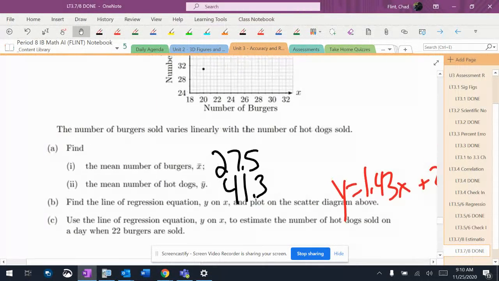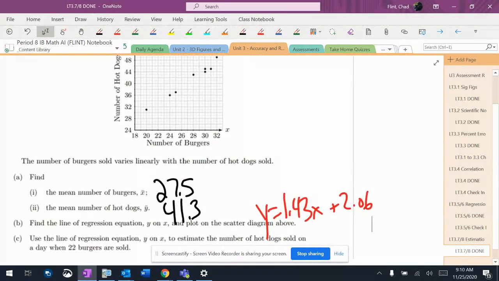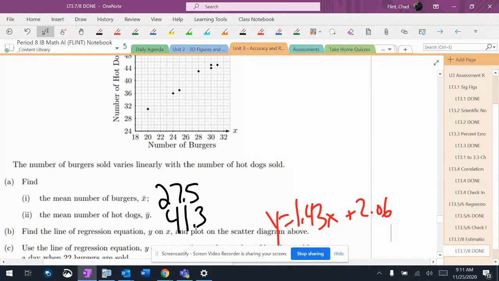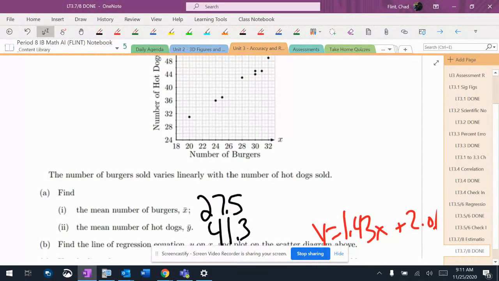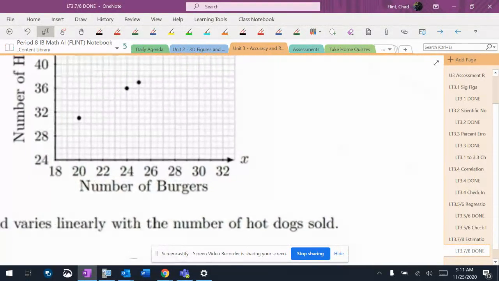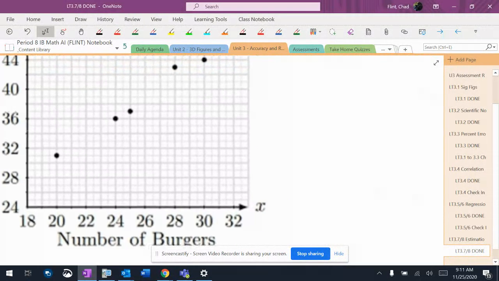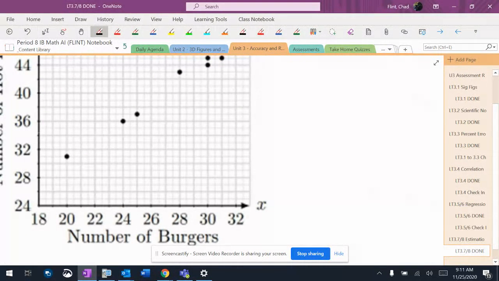Okay, now I have to have a reasonable line on here. So I really should plot the 27.5 and the 41.3 as close as I can. 27.5 is going to be right in here on that line, and 41.3 is going to be right in there.